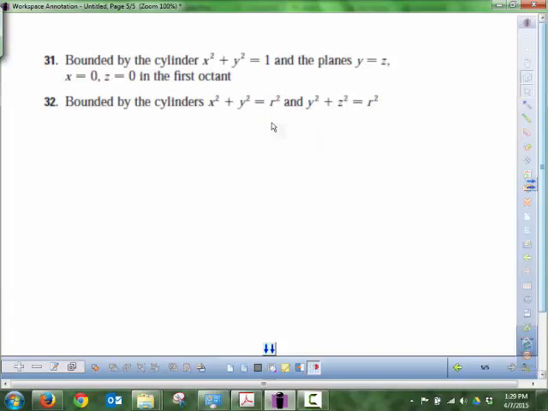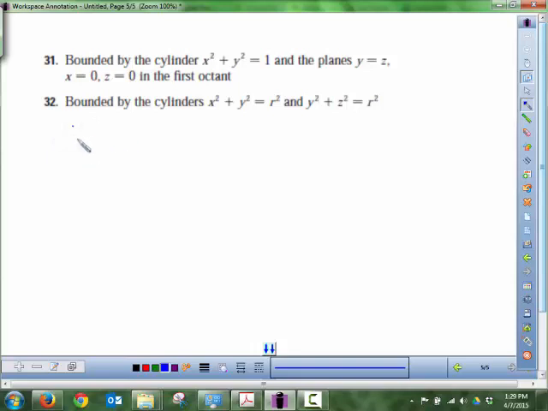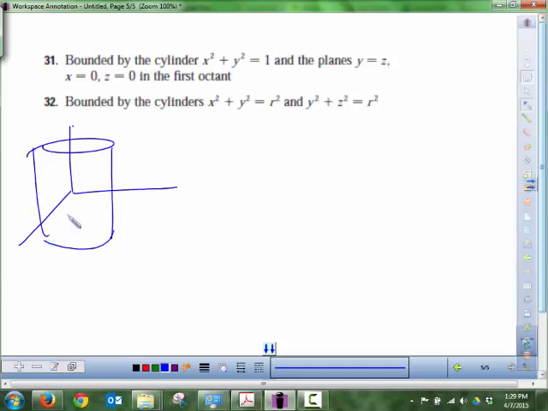So, okay, bounded by two cylinders, they have the same radius. So, let's pretend it's 1. No, let's keep it at r. I don't know if you guys could picture this, but this is 3-dimensional, and what we want to do is break this down so we're seeing what's flat on a 2-dimensional plane so we can establish some sort of domain.